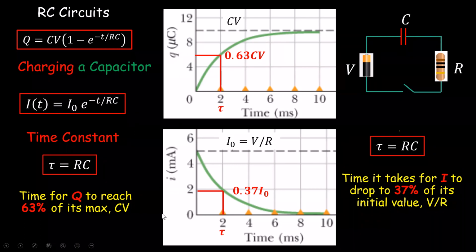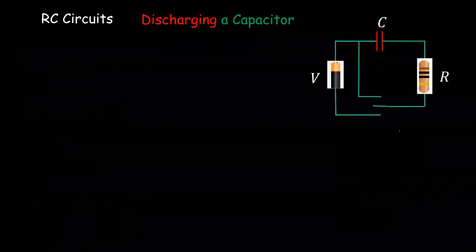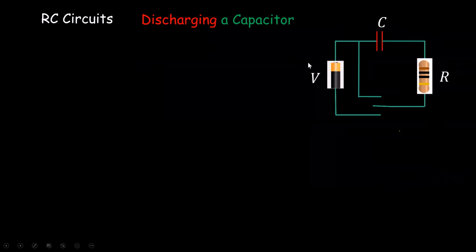So this is charging a capacitor by a battery and R. Because C and R are both in the circuit, we call it an RC circuit. The same calculations apply to discharging a capacitor. For example, if the capacitor is charged and you flip the switch over, it discharges through the resistor. If you do the same kind of calculation, you see that Q is equal to Q naught times e to the negative t over RC.